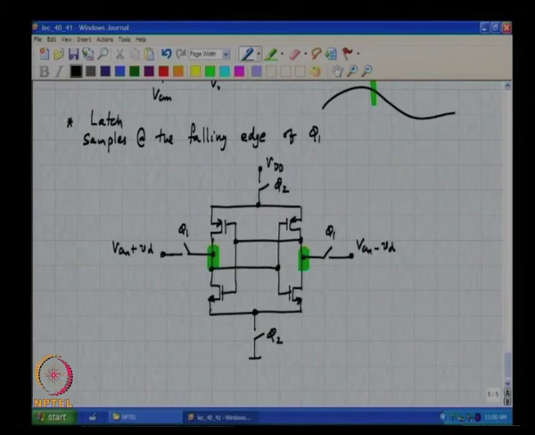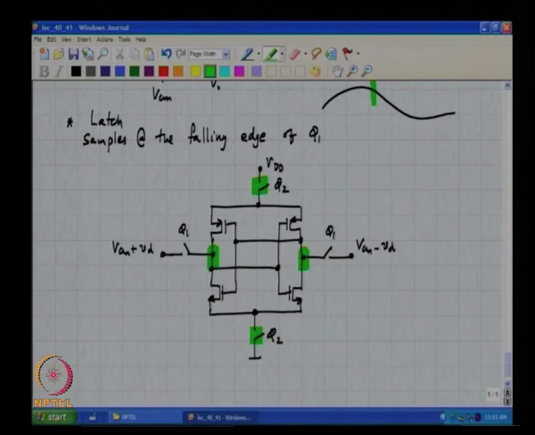When phi 2 goes high, these two switches are enabled, causing the inverters to spring into action, and the voltage which is larger becomes larger, the voltage which is smaller becomes smaller, and these two nodes which were at VCM minus VD and VCM plus VD, depending on the sign of VD, will either go to VDD or to ground. In this case we have chosen the negative rail to be ground.